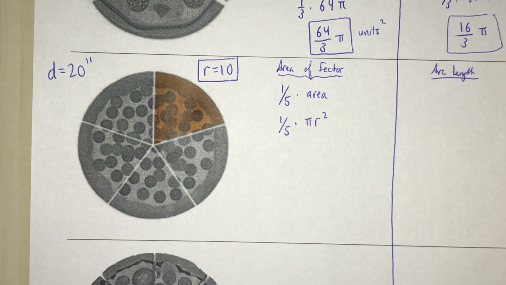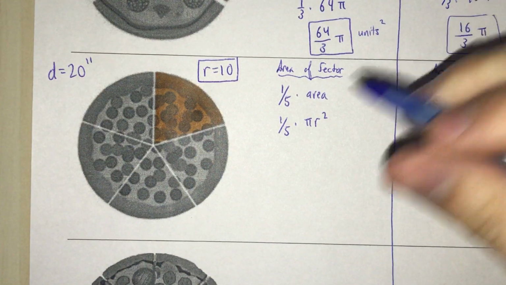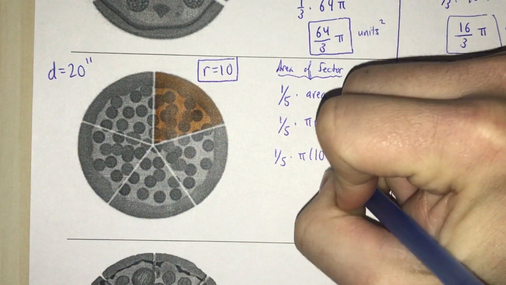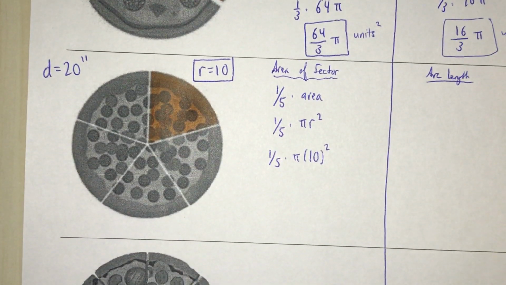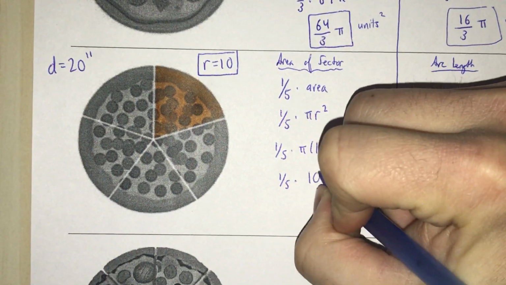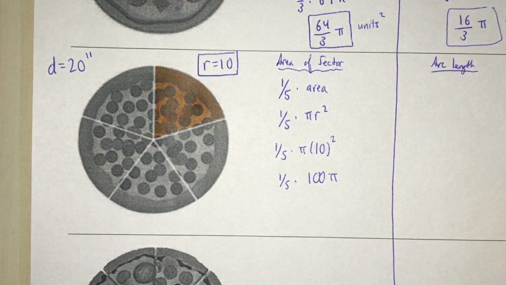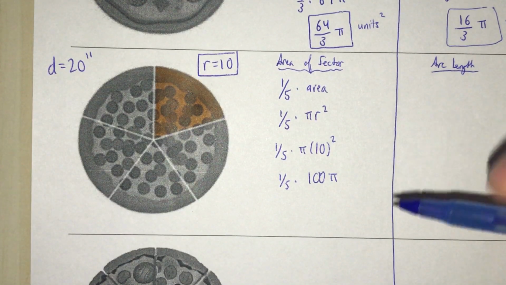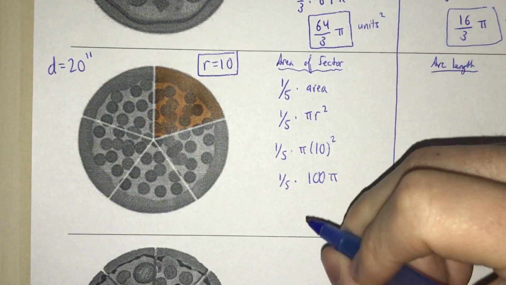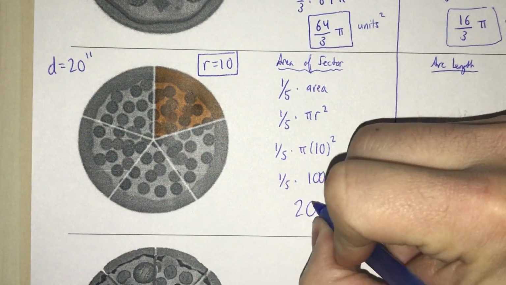So this is really 1/5 of pi r squared. In this case, the radius is 10. So it's 1/5 of pi times 10 squared, which is 1/5 of 100 pi. Get it, pi, and it's a pizza pie. That's cute. And then 1/5 of 100 is 20. So 20 pi.